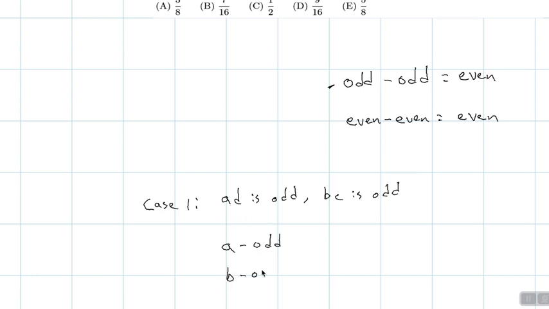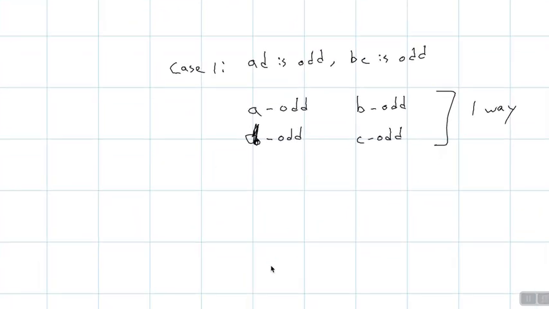So A needs to be odd and D needs to be odd. And same thing here. B needs to be odd and C needs to be odd. So in terms of even and odd combos, there's only one way for this to be true, and it's this.